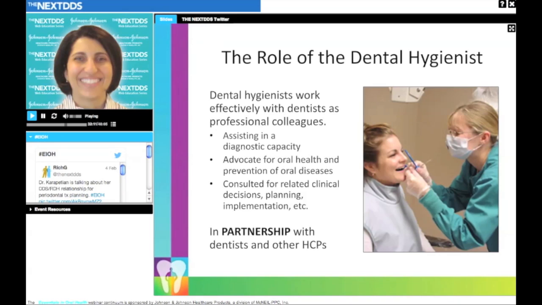So she spends more time than I do with the patient and is able to access more information from the patient, and so we can better work together to come up with a plan for the patient. So it's all about the teamwork. The hygienist cannot diagnose, but can give you clues and aid you or lead you to the diagnosis of the treatment.